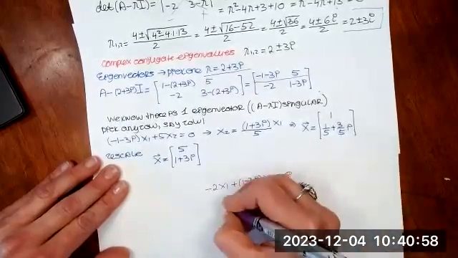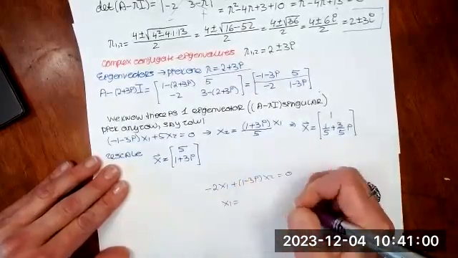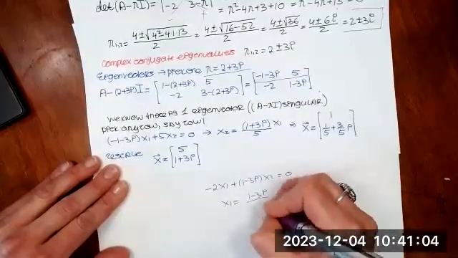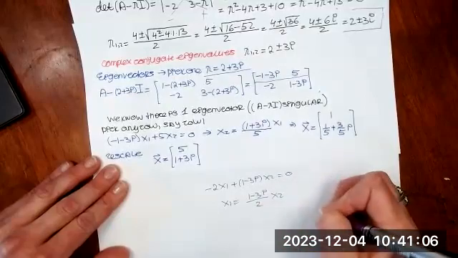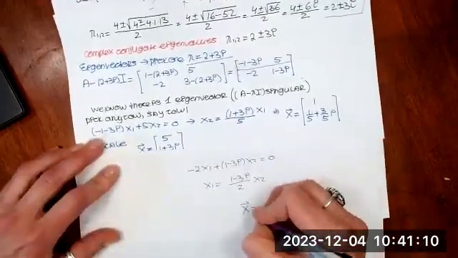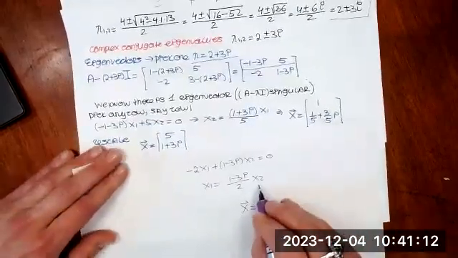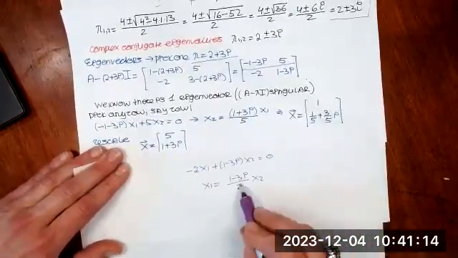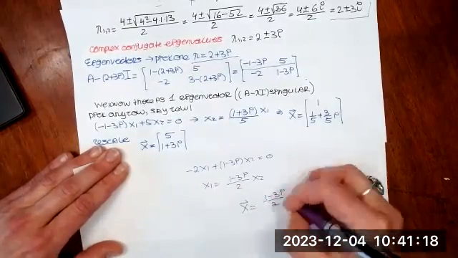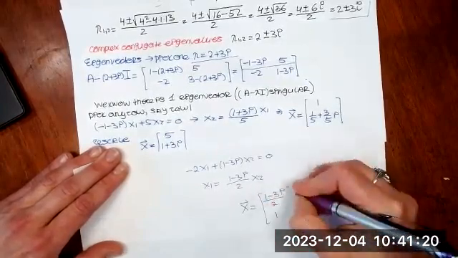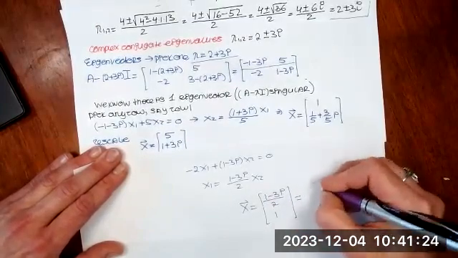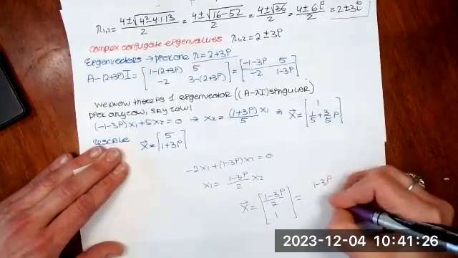So I can solve for x1. x1 is 1 minus 3i divided by 2 times x2. So my eigenvector here would be x, where x2 is the free variable, and x1 is 1 minus 3i over 2, and 1. And I can also rescale it, multiply by 2. So I would have 1 minus 3i and 2.